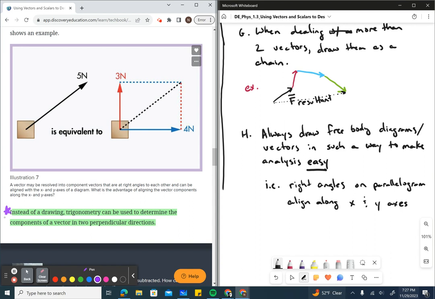Now, here's an important point. Instead of a drawing, trigonometry can be used to determine the components of a vector as well.